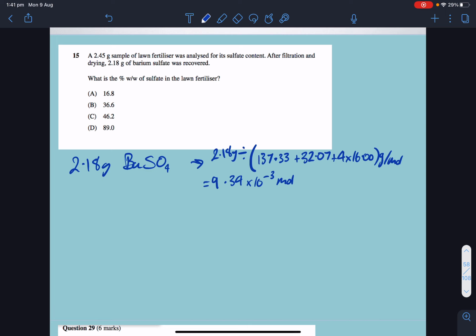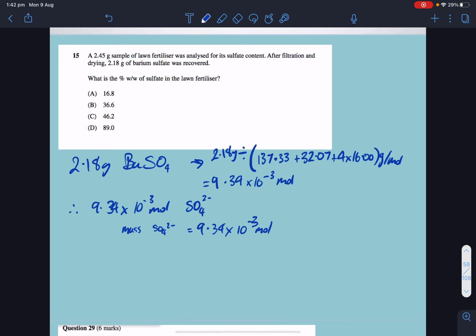If I have that many moles of barium sulfate, I must therefore have 9.34 times 10 to the negative 3 moles of sulfate. Okay, so mass of sulfate is going to equal 9.34 times 10 to the negative 3 moles of sulfate times the molar mass of sulfate, 32.07 plus 4 times 16.